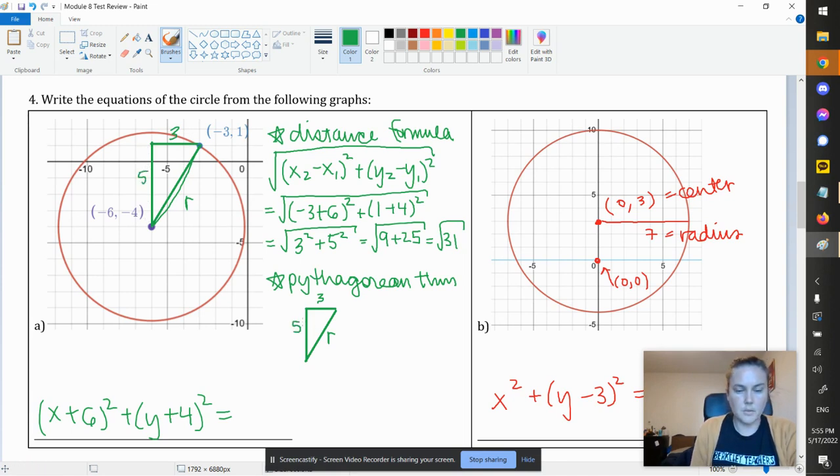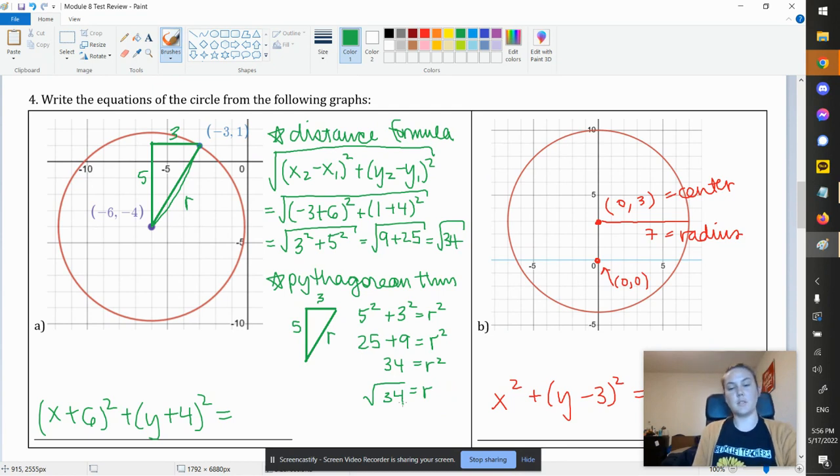This distance is a 5. So we would do 5 squared plus 3 squared equals r squared. 25 plus 9 equals, yo, that's not 31, it's 34. Don't let me lie to you. Radius squared is 34. The radius is the square root of 34.